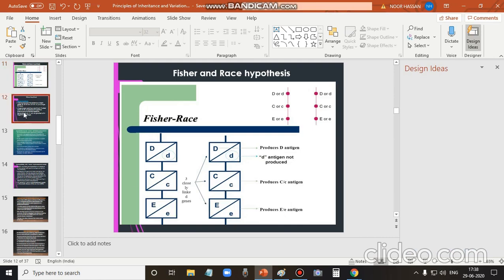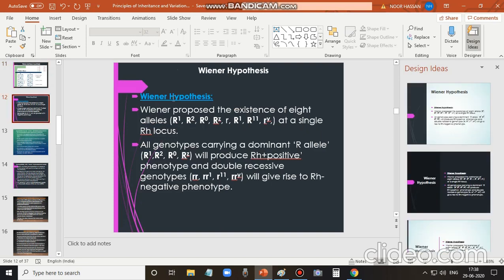Okay, we shall discuss now what is Wiener hypothesis. In Wiener hypothesis, he proposed the existence of 8 alleles, or 4 pairs of alleles, at a single RH locus.